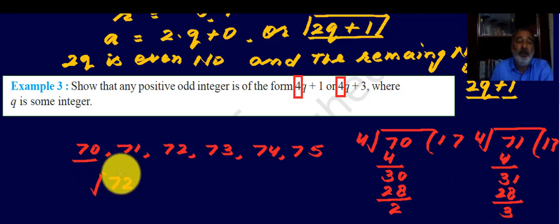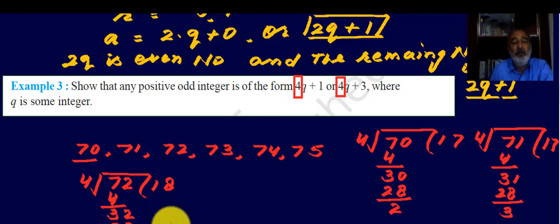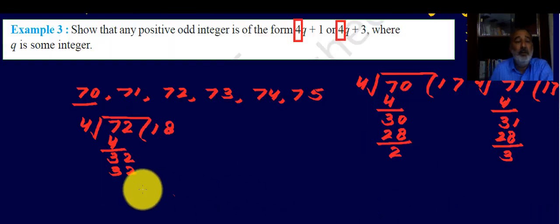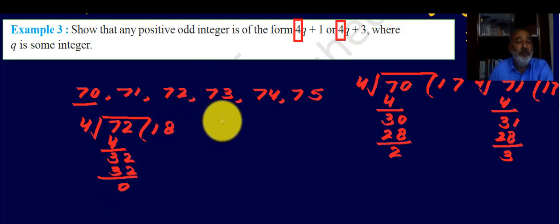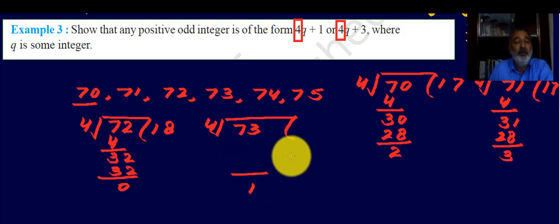If I divide 72 by 4, 7 1 is 7, 4 1 is 4, 3, 2, 4 8, and remainder is 0. What about 73? When I divide it by 4, certainly the remainder will be 1. And here comes 18.